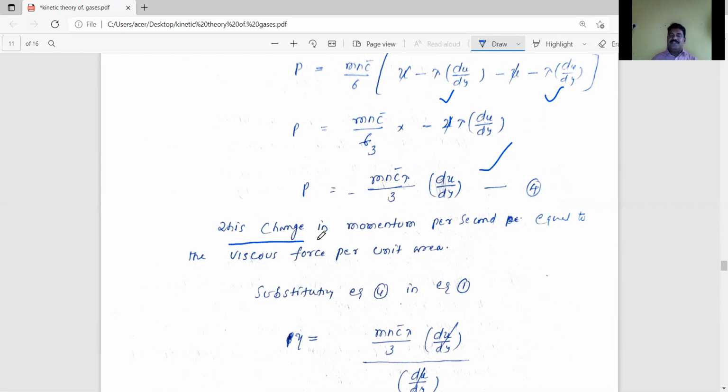So, this change in momentum per second is equal to the viscous force per unit area. This net momentum acts as a viscous force between the layers, which opposes the relative motion between the layers. So, you have to substitute this net momentum as the viscous force in equation number 1.